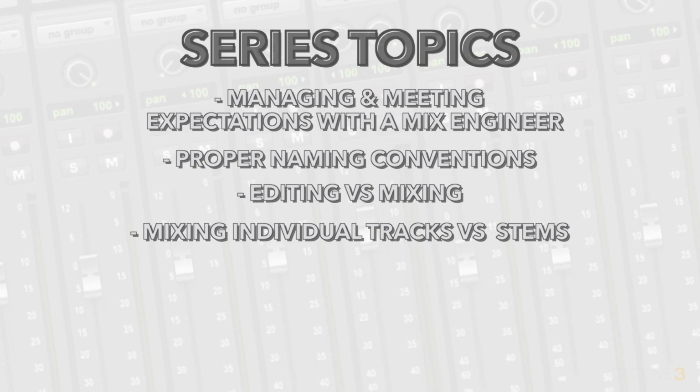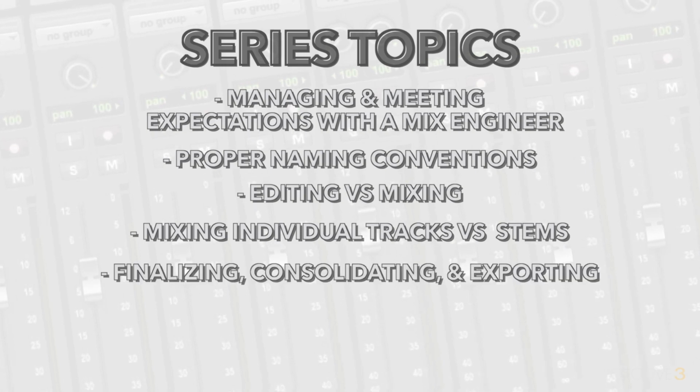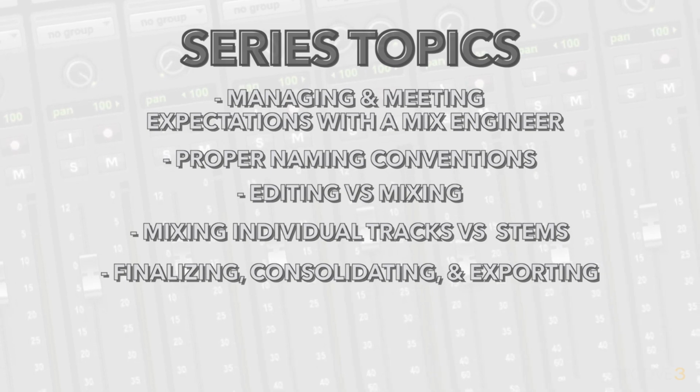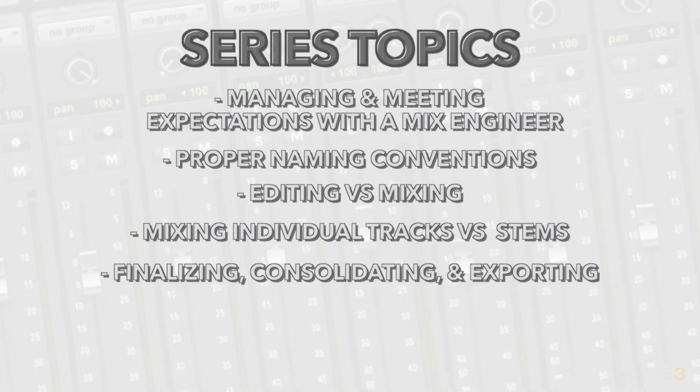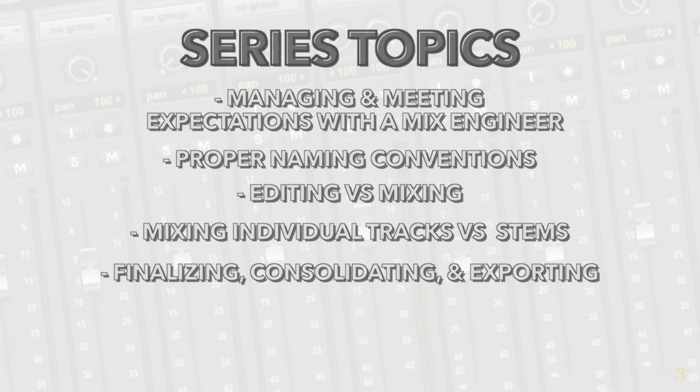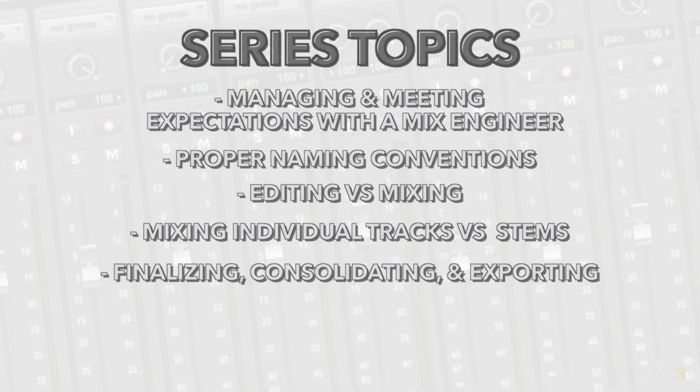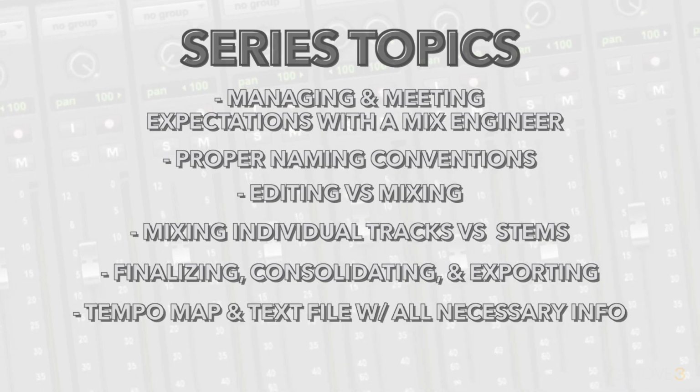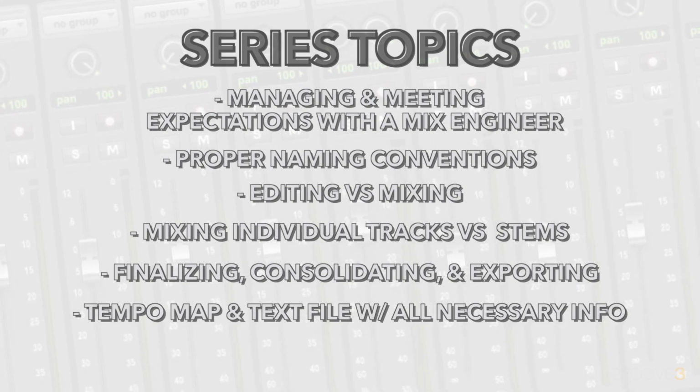And of course, we're going to go over the ins and outs of finalizing our session, consolidating the tracks, and what export settings and file formats will give you optimal results when exporting stems or tracks for mixing. Then we're going to create a tempo map that contains all the vital information of your session.